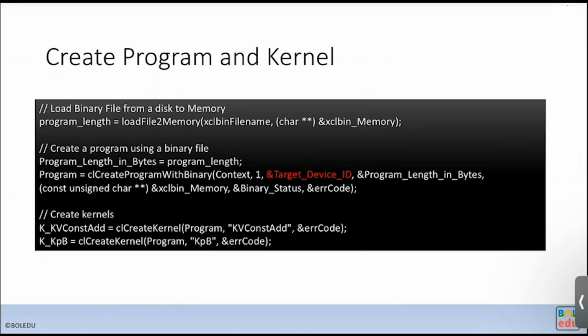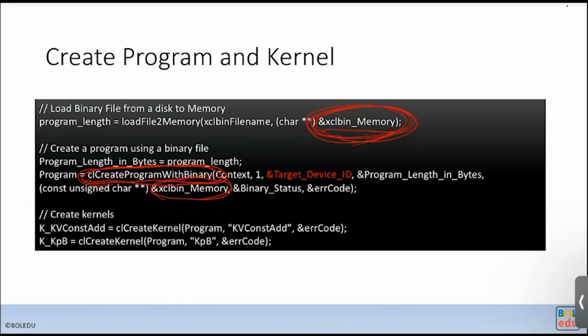Once you create a command queue, the next step is you create a program and the kernel. First, for the program, you load the XCL bin file from the disk into the host memory. Then you create a program given the XCL bin file already loaded into system memory.